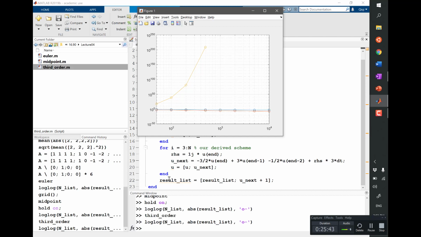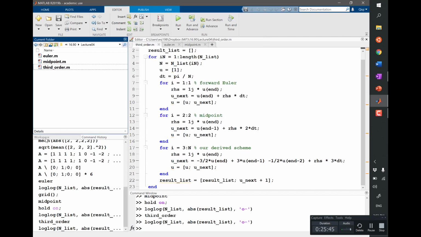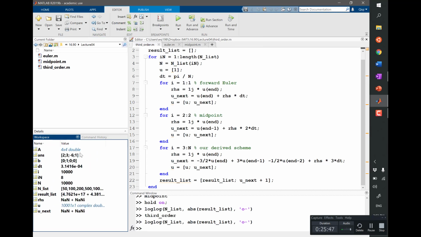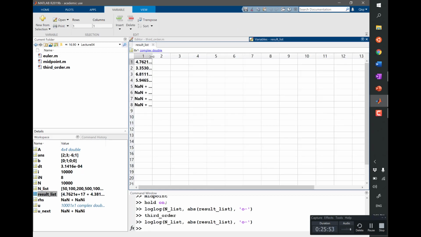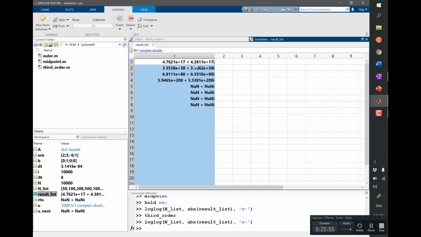Every time you see something like this, I'm actually going to look at the workspace, right? We have the end list and we have the result list. Let's actually open the result list to see what it gives you. Okay, as we can see, we have 4 numbers that are increasingly larger, and then we get not a number plus not a number times I. So whenever you see something like infinity, not a number, that's an indication of something like that.